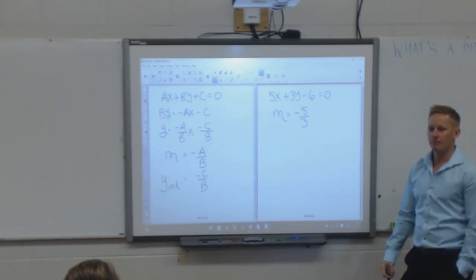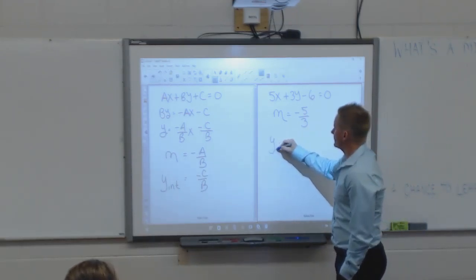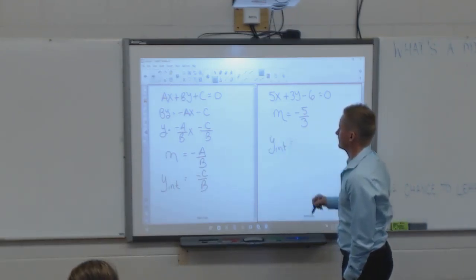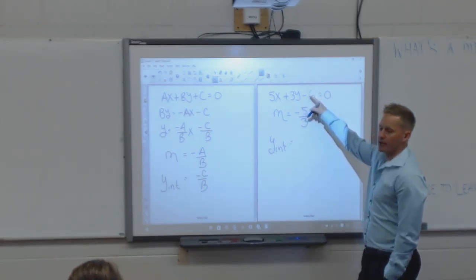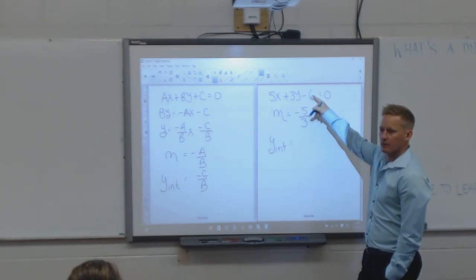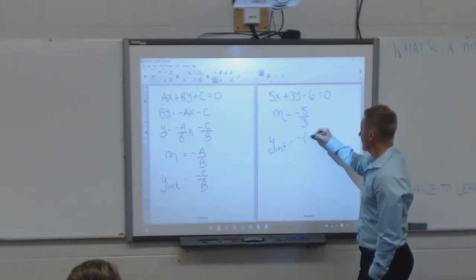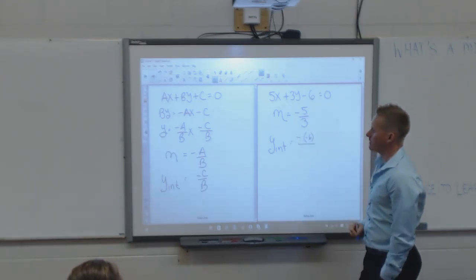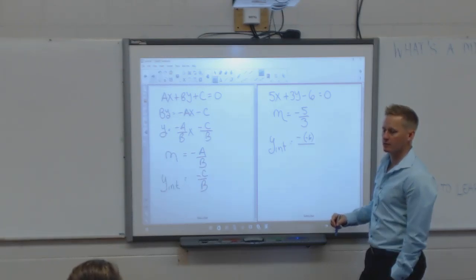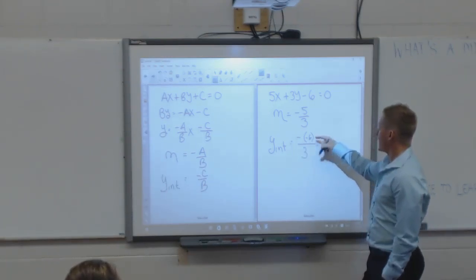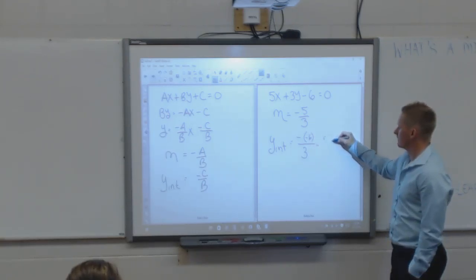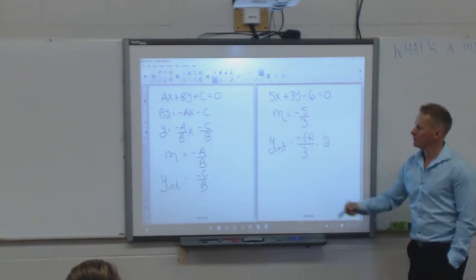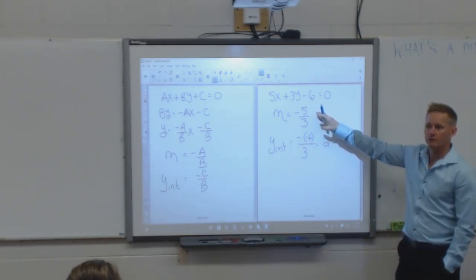I agree. What is my y-intercept? Okay, so right now my C value is what? -6. So that's a -6 over my B value, which is 3. A negative makes that a positive. 6/3 is 2. Everybody understand what I did there?